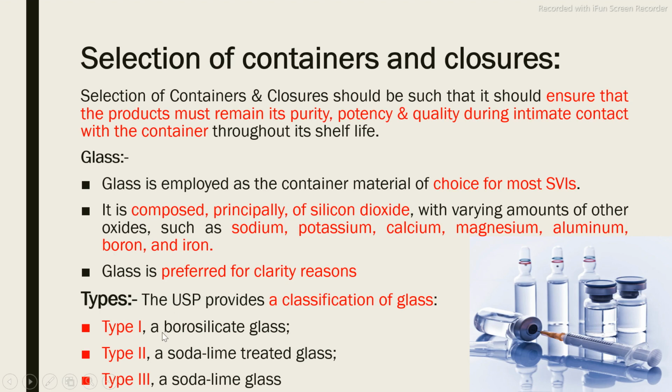But what is the difference between type 2 and 3? Type 2 is internally coated by means of chemicals, so that's why it is called treated glass. Internally it is coated by the chemical so that it will prevent the entry of alkali and alkaline earth metals into your parenteral preparation.